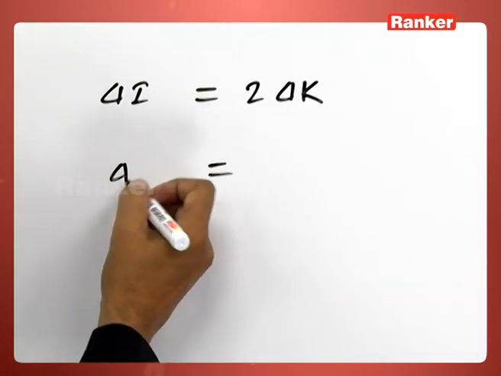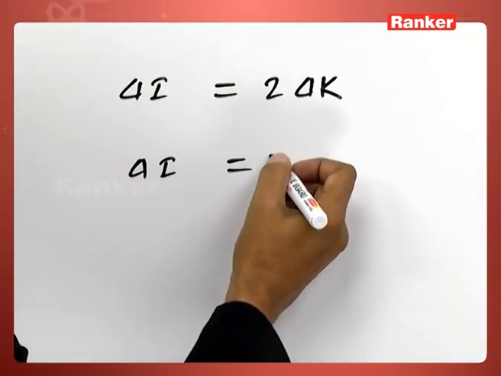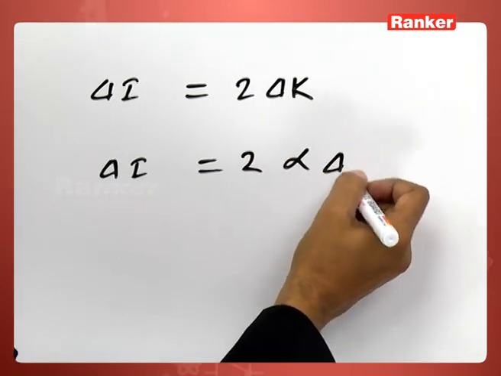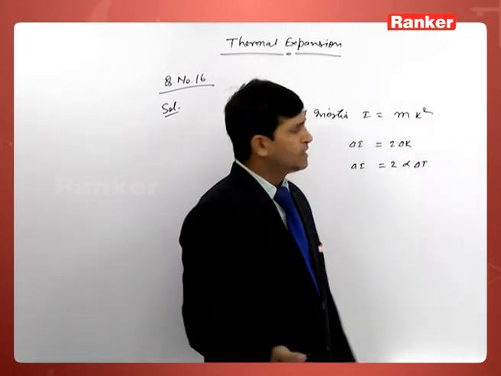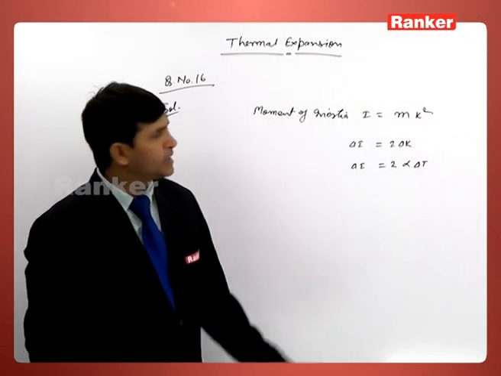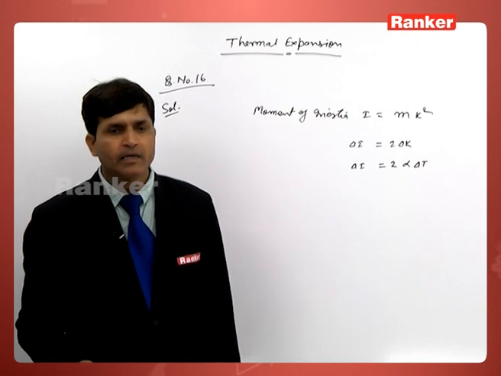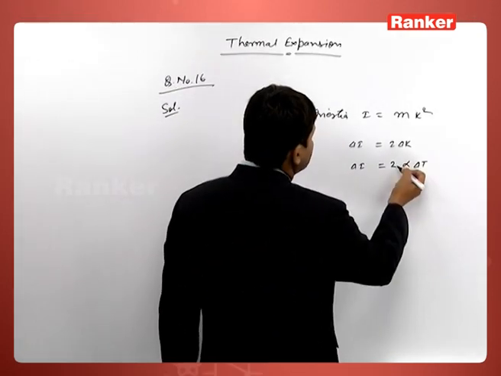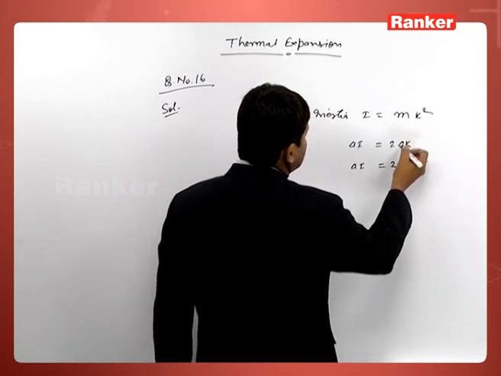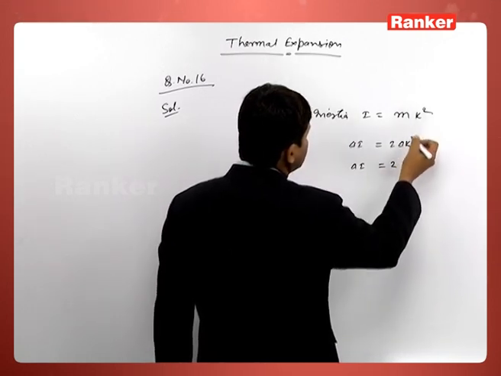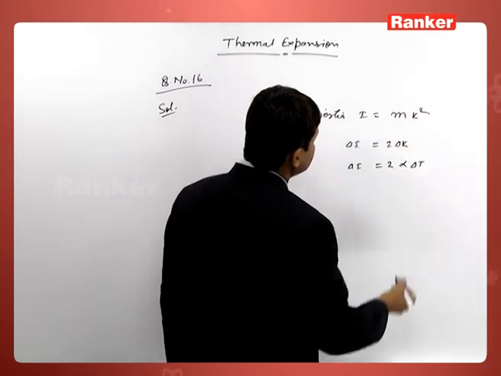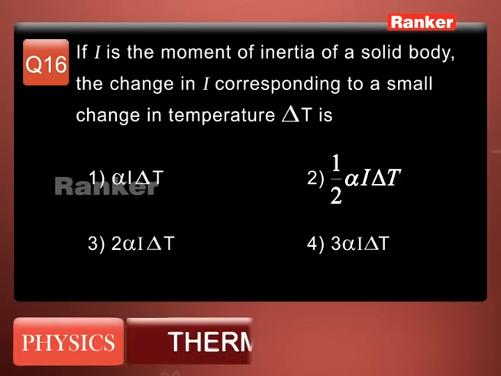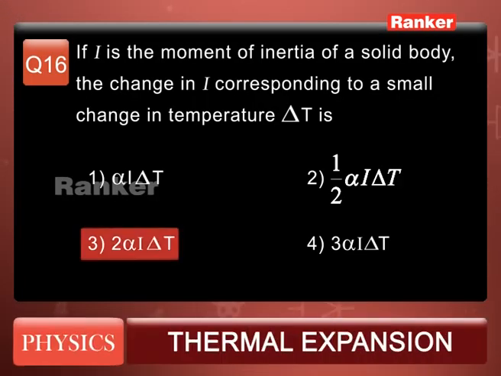So delta I is equal to 2 times delta K, where delta K means alpha into delta T. The change in the moment of inertia is 2 alpha delta T into I. So our correct option is option number 3.